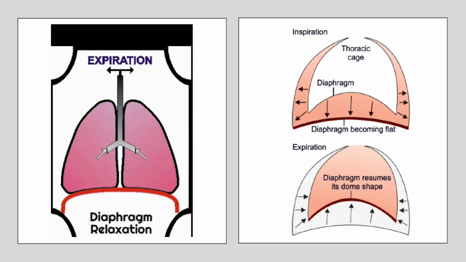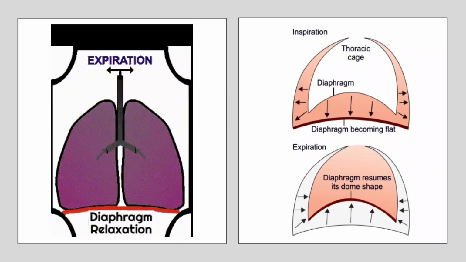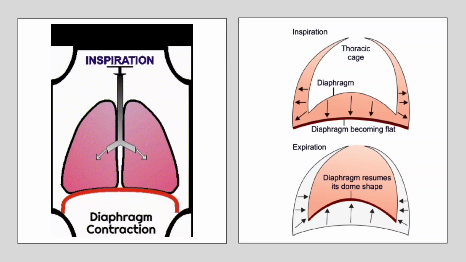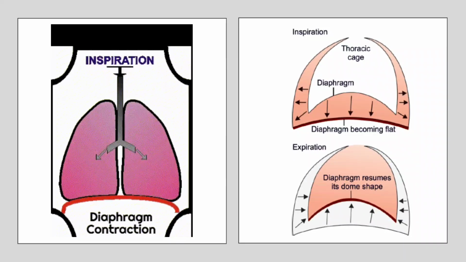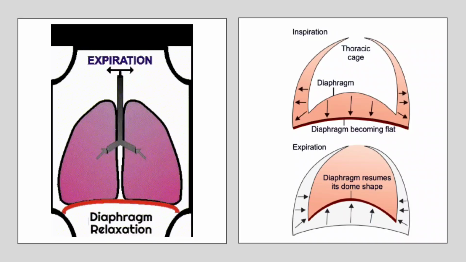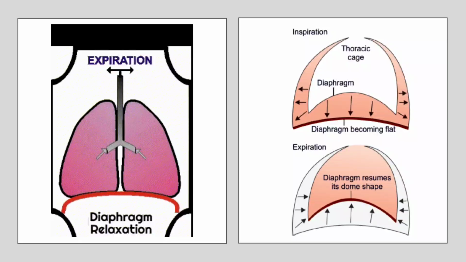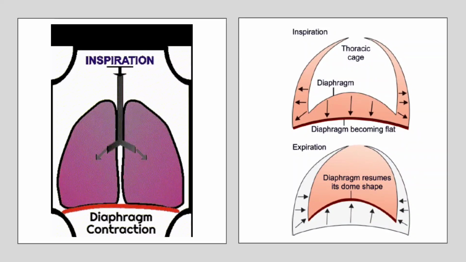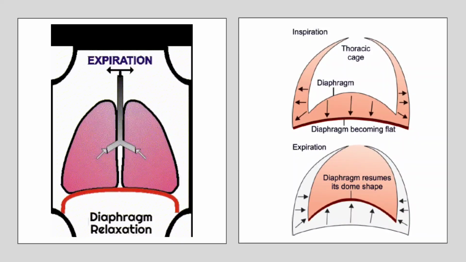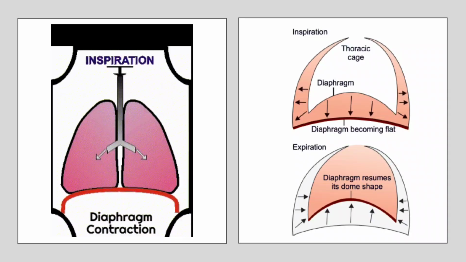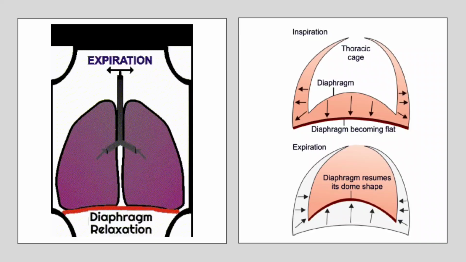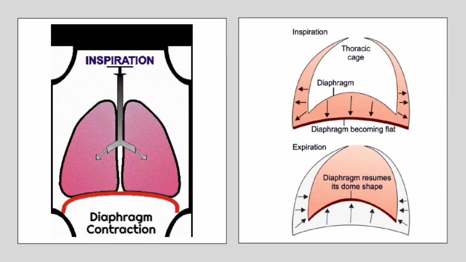So the function of the diaphragm is to increase the vertical diameter and also the anteroposterior diameter of the thoracic cage. During quiet breathing, the downward movement of the diaphragm is around 1 to 2 centimeters. However, during forced inspiration, descent of the diaphragm is about 10 to 12 centimeters, which greatly increases the thoracic volume.